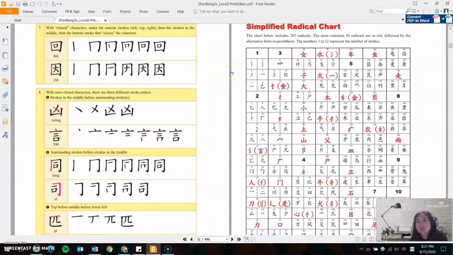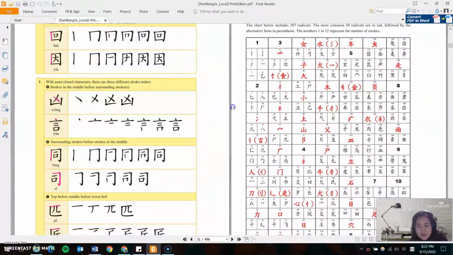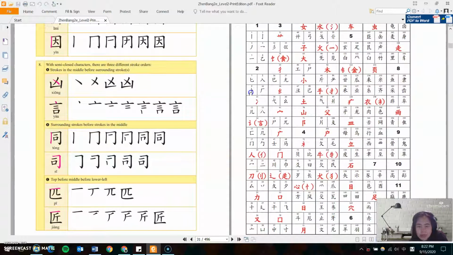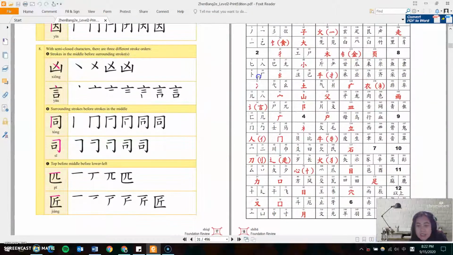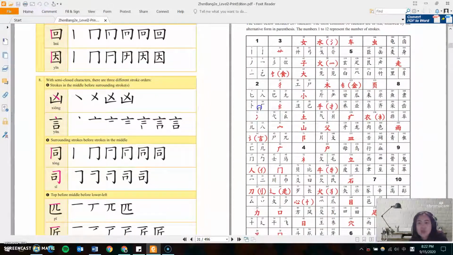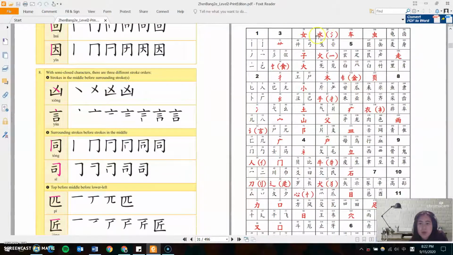This chart includes many radicals, and the most common ones are in red, 红色的, followed by the alternative form in parentheses. The numbers 1 through 12 represent the number of strokes, okay? So at the very least, you don't need to know how to pronounce these radicals, but you should recognize them and you should see them, right?